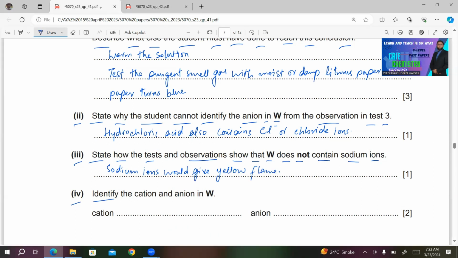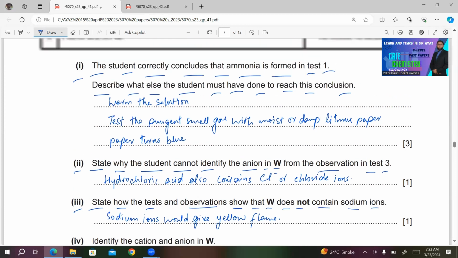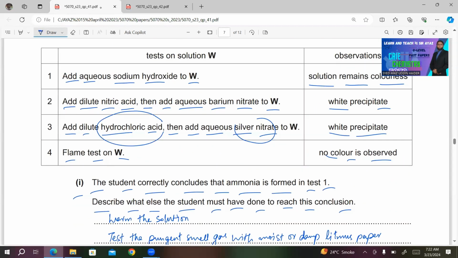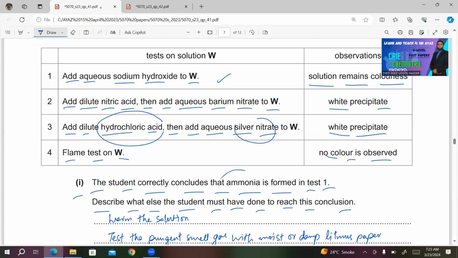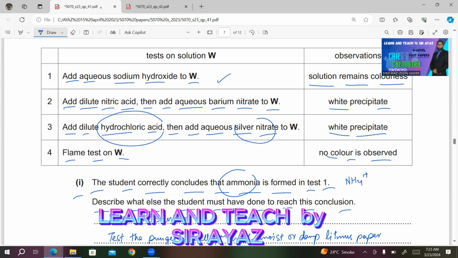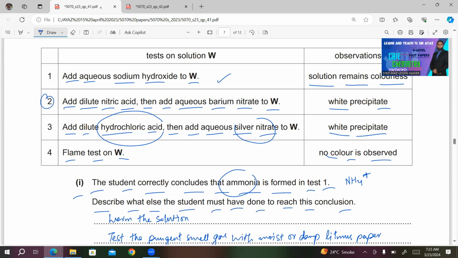Number 4, identify the cation and anion in W. Looking at the observations obtained, number one, it's indicating from this information ammonia is produced, so it must contain NH4 plus, ammonium ion. What about the next ion? Number two, when you are adding dilute nitric acid and aqueous barium nitrate, we are getting white precipitate.